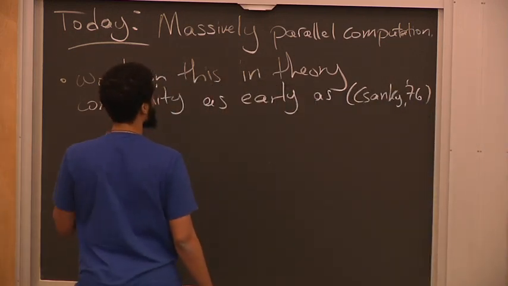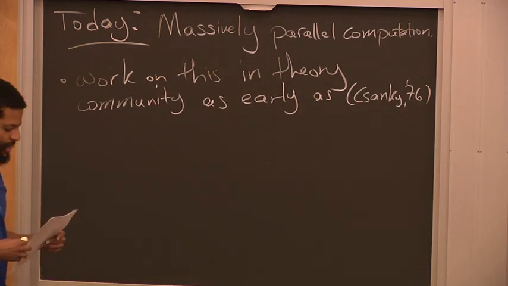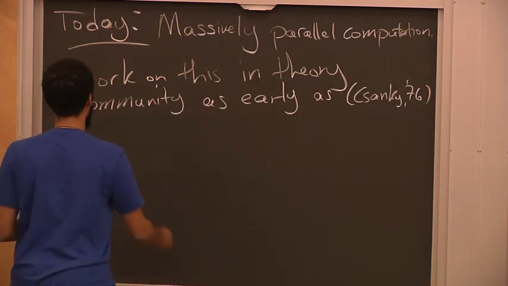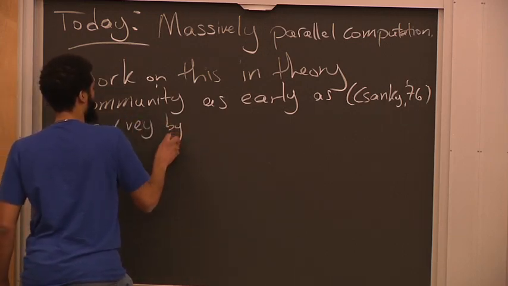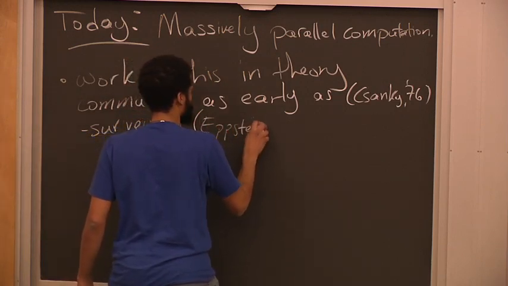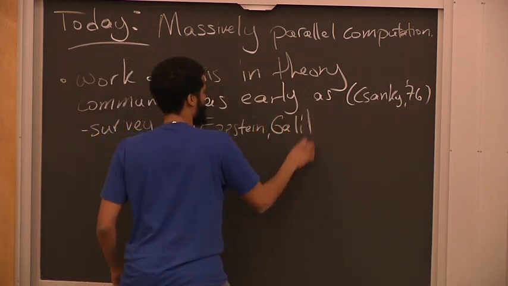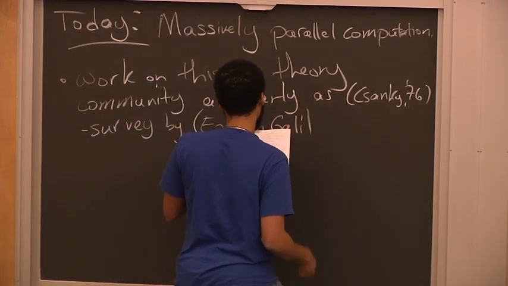So work on massively parallel computation, as far as I could see, well, from a survey I found, started as early as 76, maybe even earlier. If you want to see more, there's a survey by Epstein and Galil. That's in 88.